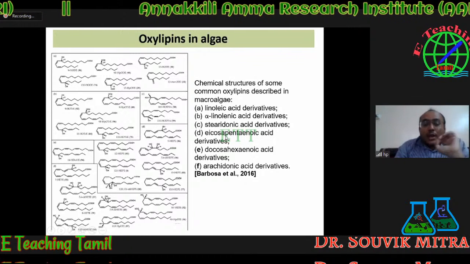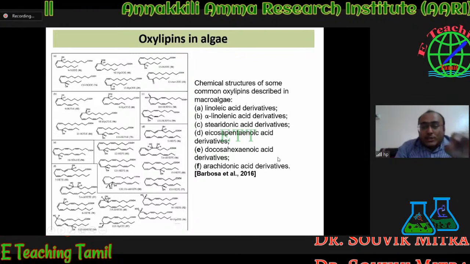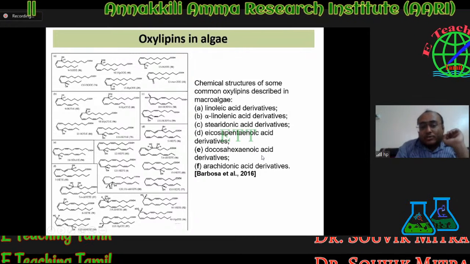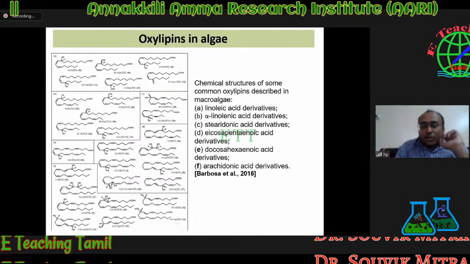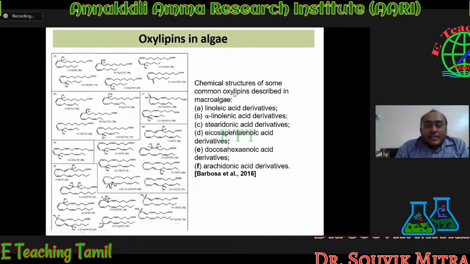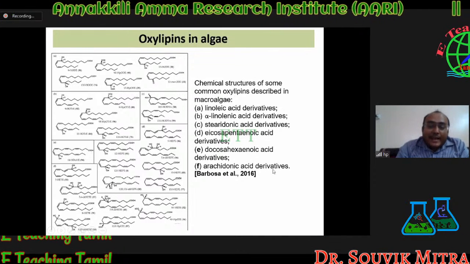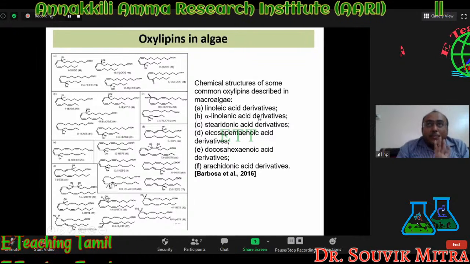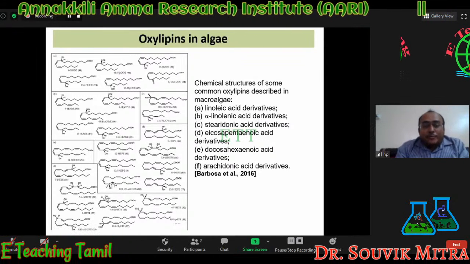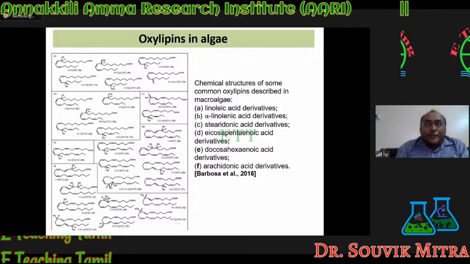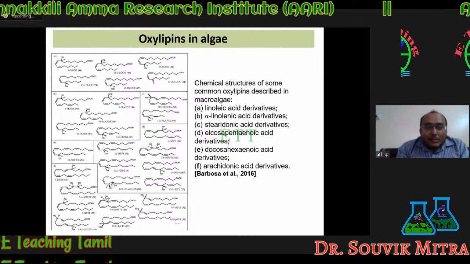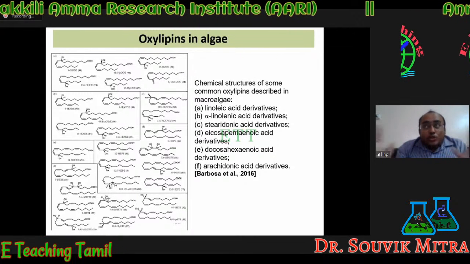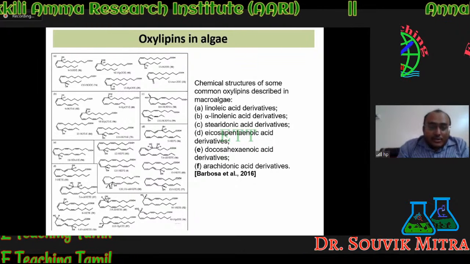Even the 22 carbon fatty acid, docosahexaenoic acid, can act as the precursor. So you may expect a variety of metabolites formed with the help of lipoxygenase and the subsequent enzymes, and all together they will constitute oxylipins in algae.